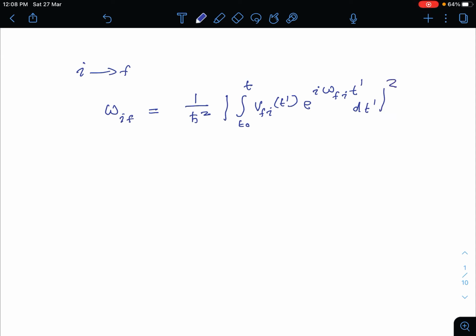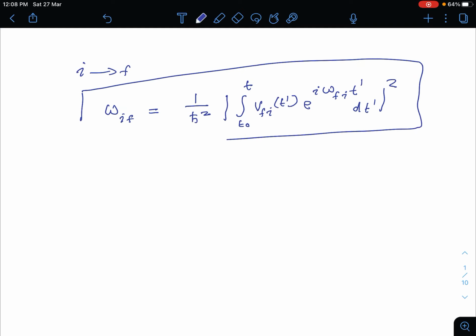So this is the transition probability from one initial state to another final state. This equation we got. Now let us consider a constant perturbation.